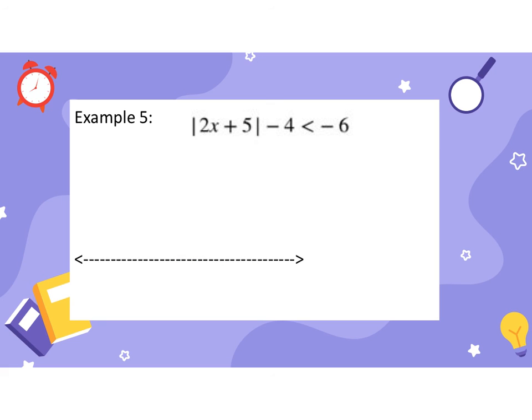Example 5. Another special case here. Try to spot this one early, okay? So I'm going to let this one play. Give you about 30 seconds to get this isolated and then make a decision, okay? Is it going to be a regular problem, or is it going to be a no solution or an all real numbers? So isolate it and let me know.